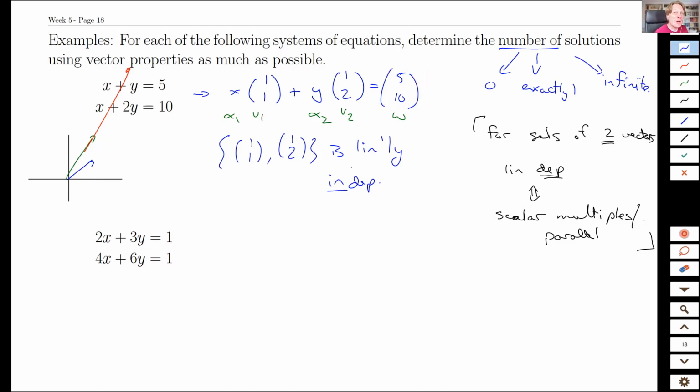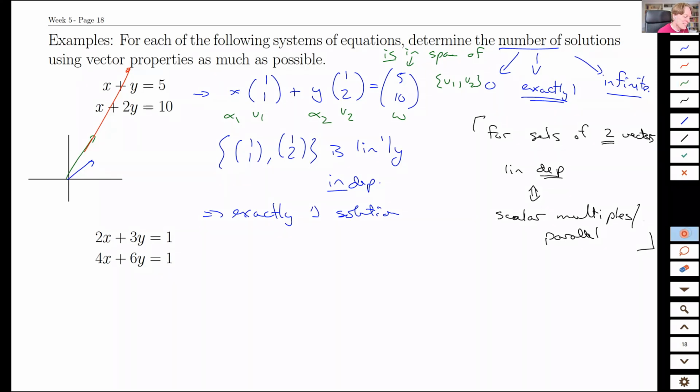Is there any other possibility? Is there any other way to get to that point? No, because we have this condition here that exactly one solution comes out of linearly independent vector sets that we're working with here. Exactly one solution. So there is a solution. I should put that in the side here. This is in the span of, let's call it V1, V2 for brevity here.